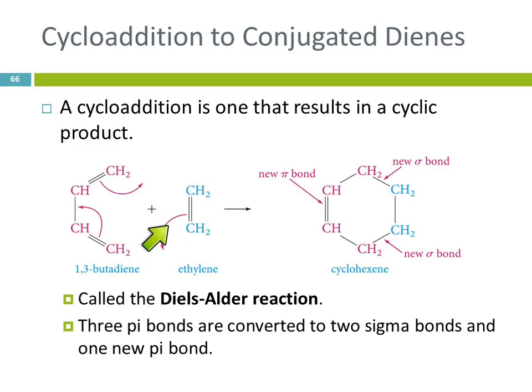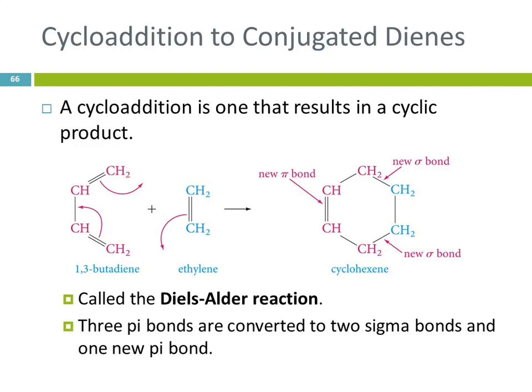So what can happen here is this pi bond can move over and form a bond between these 2 carbon atoms. This pi bond moves over here, this pi bond moves over there, and we end up with a cycloalkene. We've got 3 pi bonds that are converted into 2 sigma bonds and 1 new pi bond.